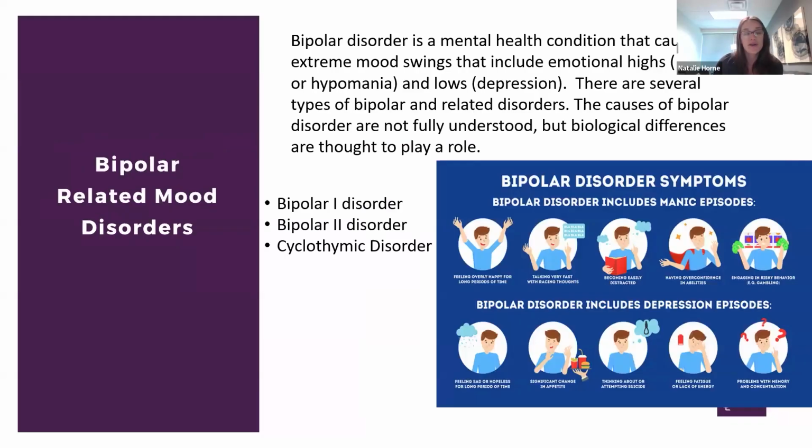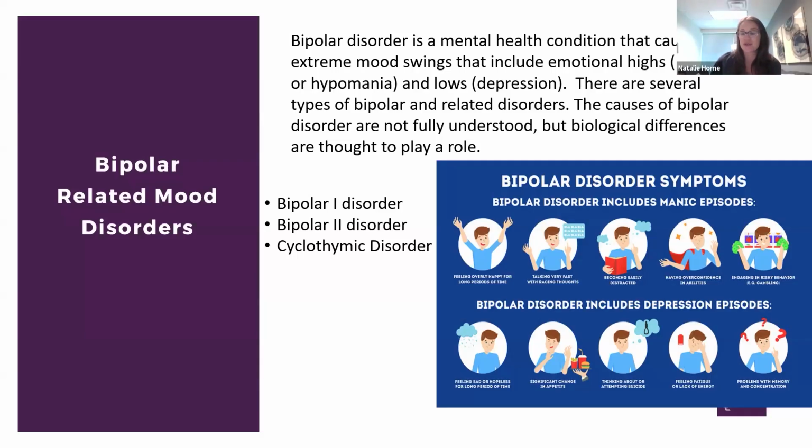Going into bipolar-related mood disorders. So bipolar disorder is characterized by extreme mood swings to include mania and depression. And we know that there is some sort of genetic component to bipolar disorder, although it's not fully understood currently.